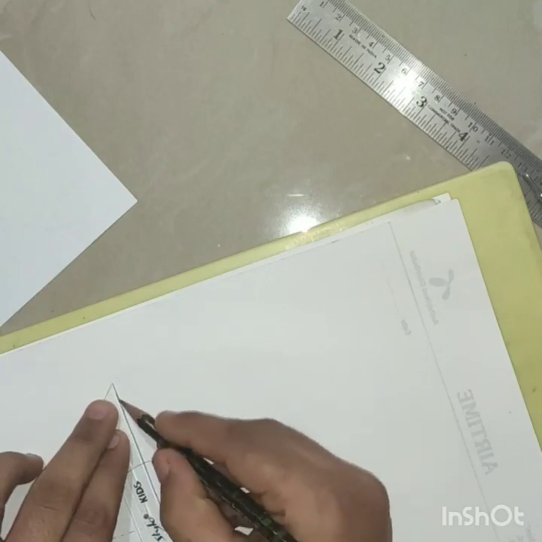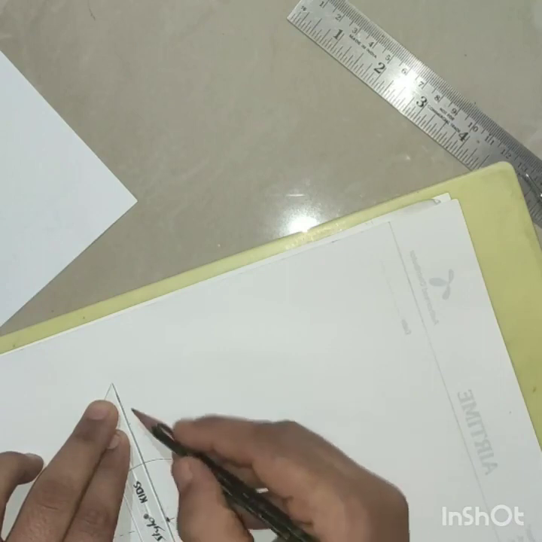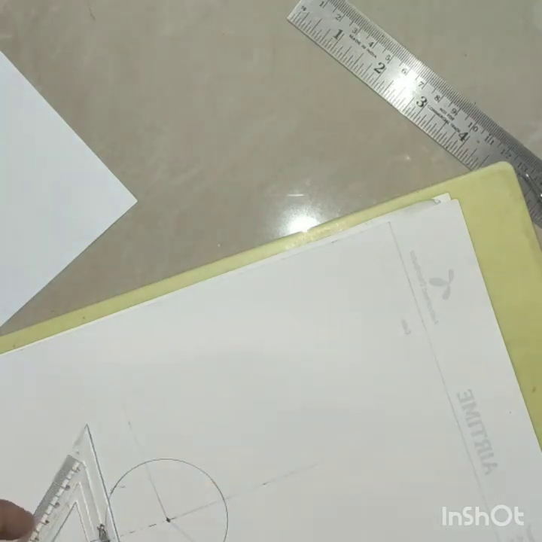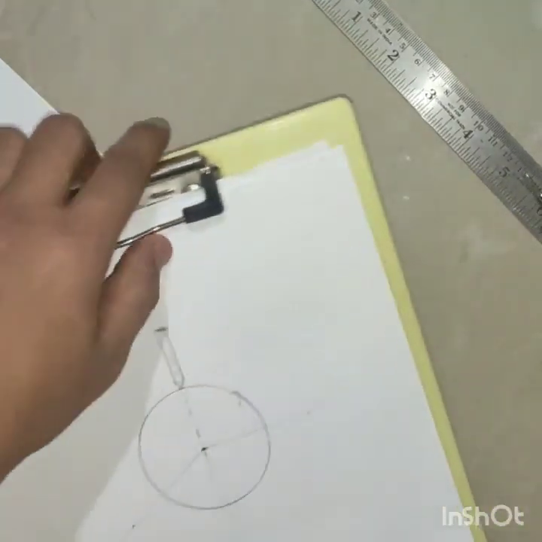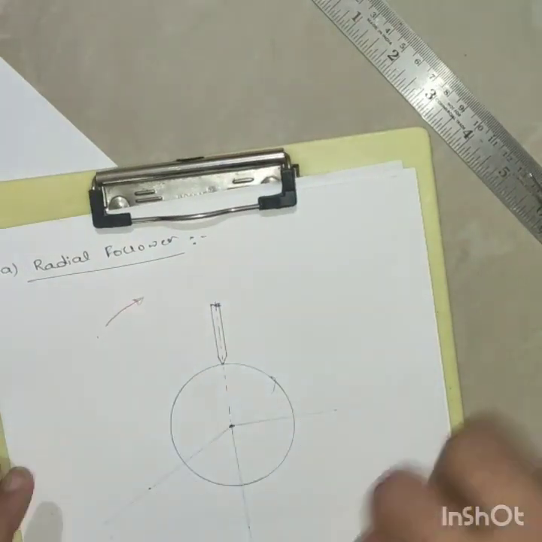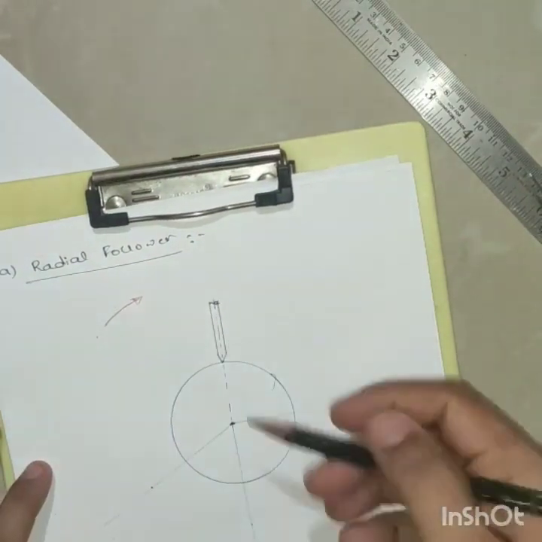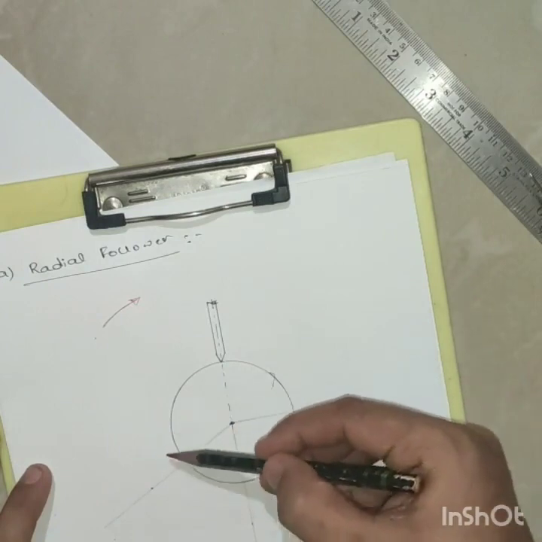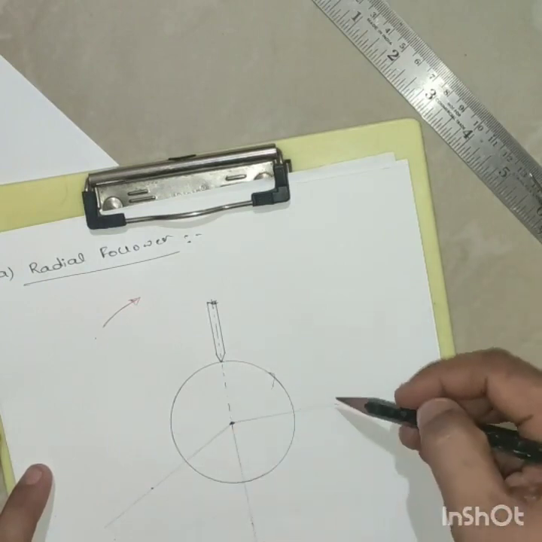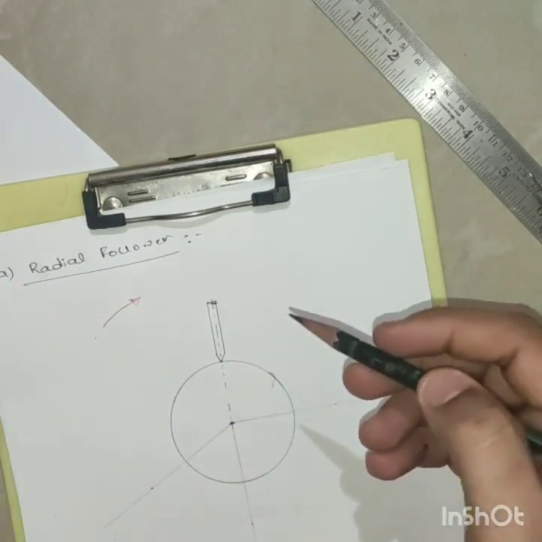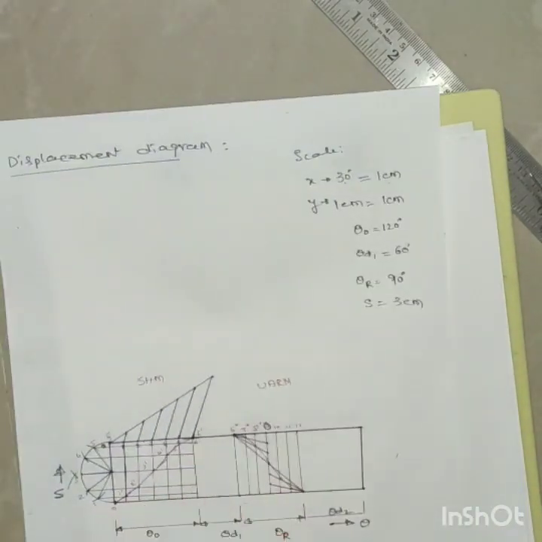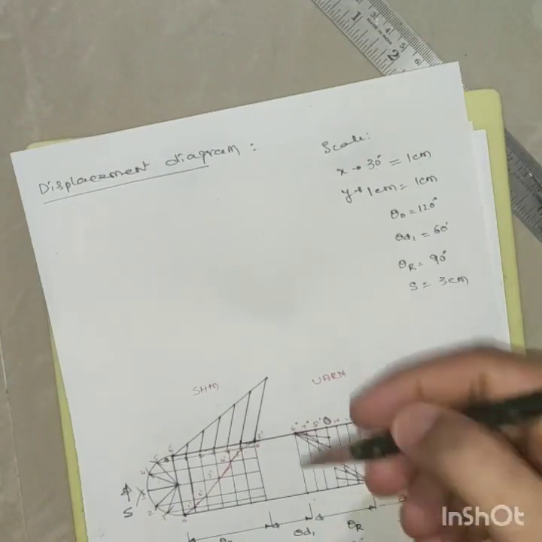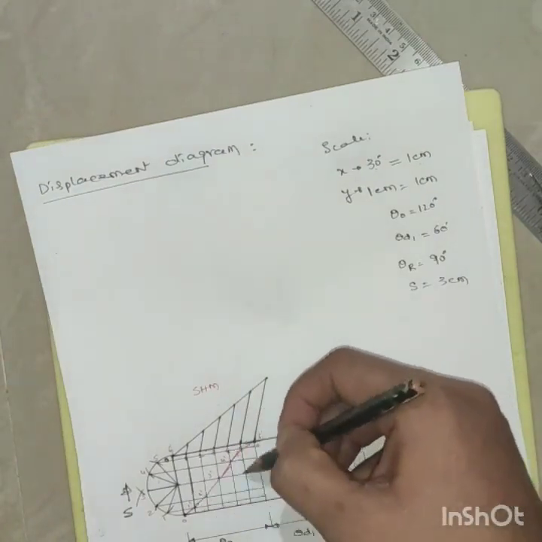Join these 2 points, draw a thin line so that later you can erase easily, and the remaining is the second dwell. Now I divided the 360 degree into different regions: outstroke, first dwell, return stroke, then the remaining second dwell.